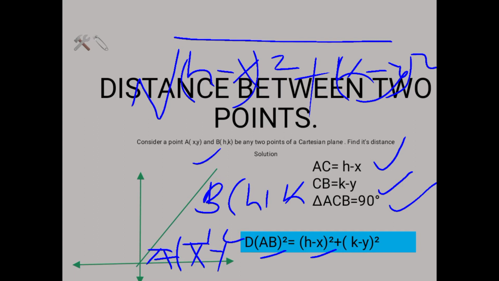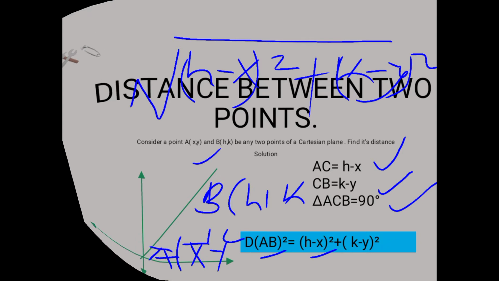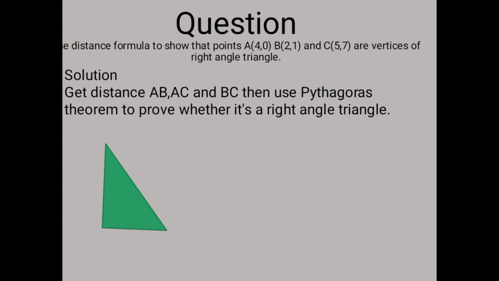You can start from x minus h squared, y minus k squared, and you still get the same value. You have to begin here because it is a prerequisite of finding the radius of a circle.